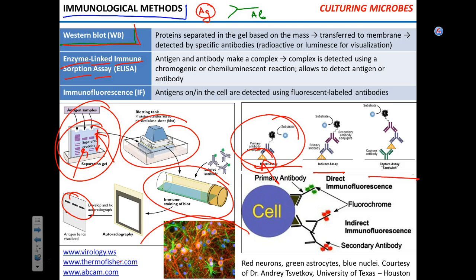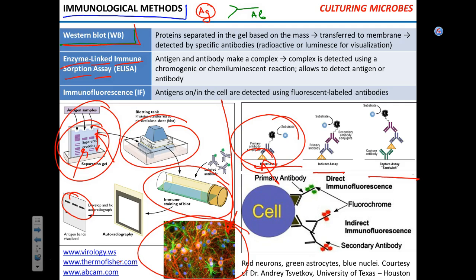Now the third method that I want to mention is called immunofluorescence. In this case you have the same antibodies that detect proteins on these cells. These antibodies can produce fluorescent light, and the thing is that fluorescent light can be of different color. This picture shows you really nicely.